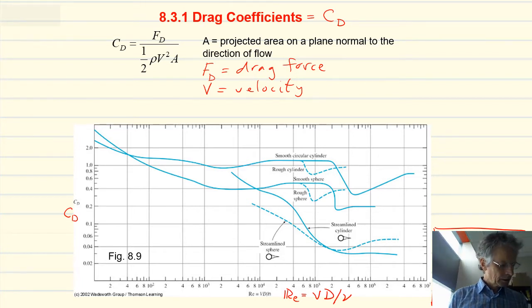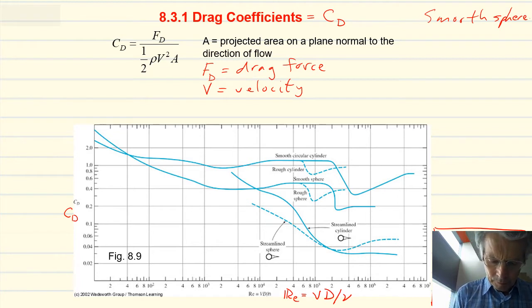So if we consider the case of a smooth sphere, that will be this curve here, if we trace it out.